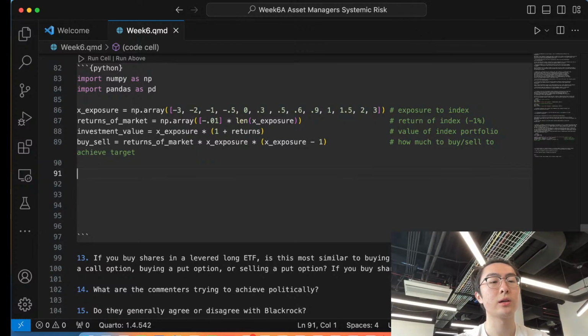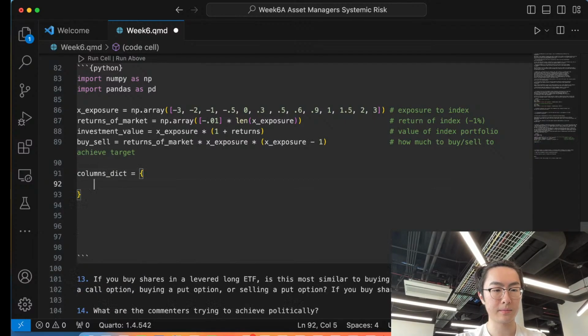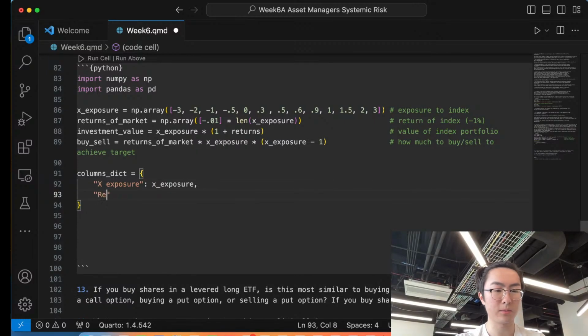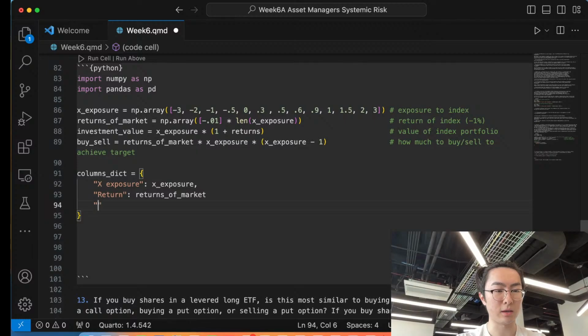Let's do columns dict. All right. So we can have our x exposure, and this is equal to the x exposure, and then we have return. This is equal to returns of market, and then we have buy plus or sell minus.